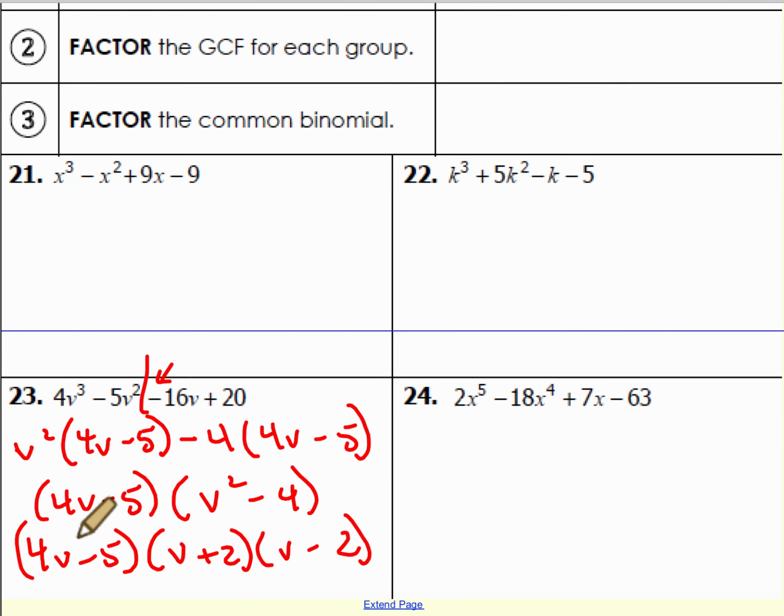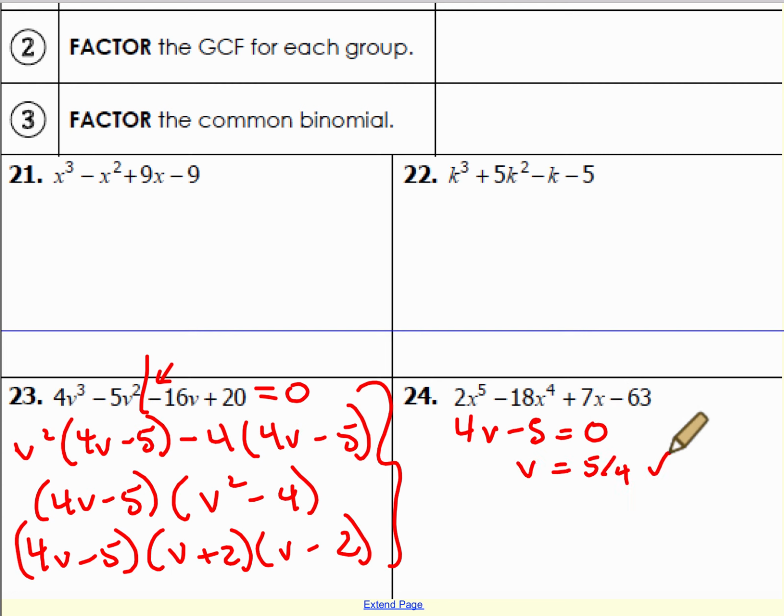Now let's say we were asked to set this equal to 0 and solve the equation. The next step is to take each factor, set it equal to 0, and solve. I add 5, divide by 4, gives me 5/4.